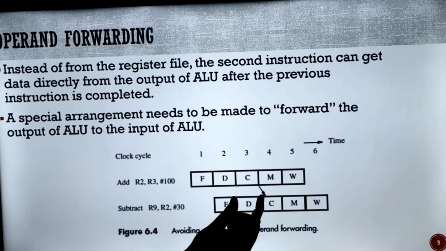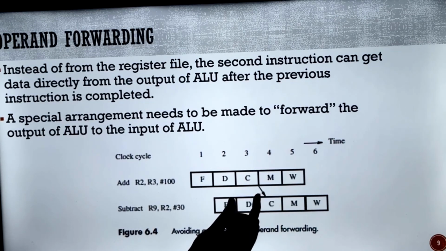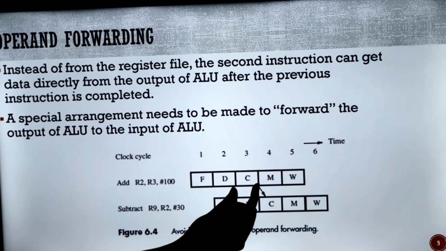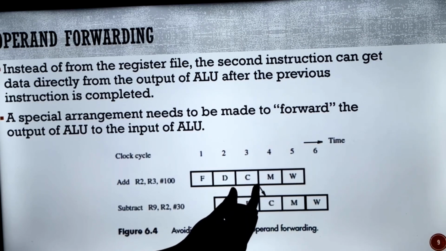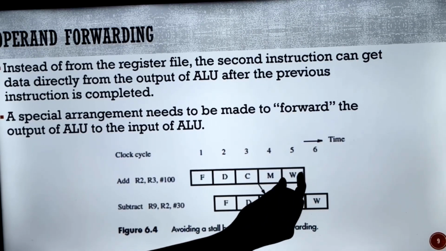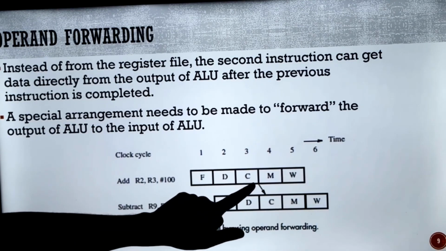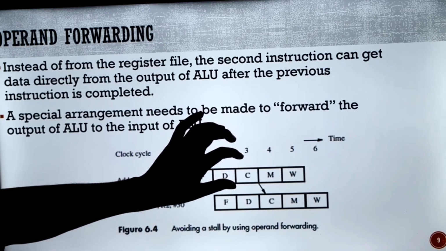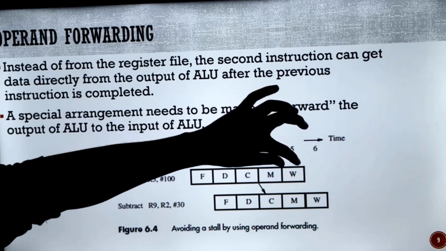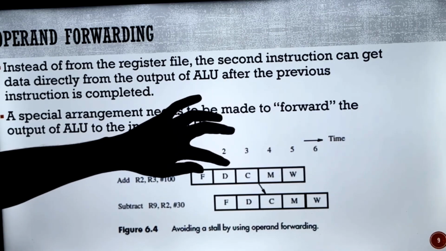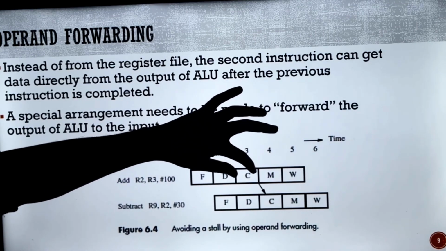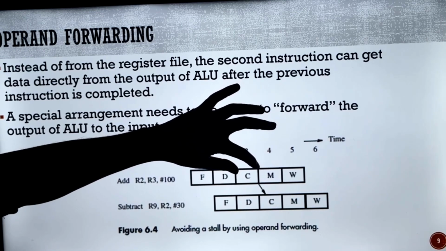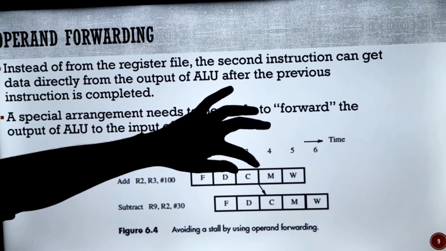Because I need the updated value of R2, the computed value of R2. Instead of waiting till the write operation, if I can make a shortcut bridge: once you have completed the computing stage, you have already computed R2, but you have not written it to the register.